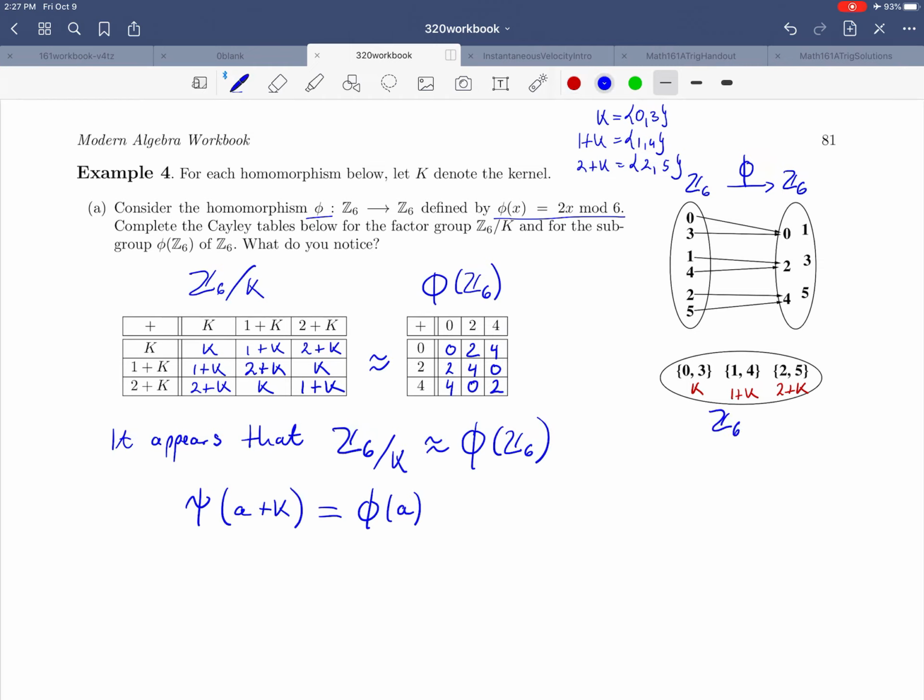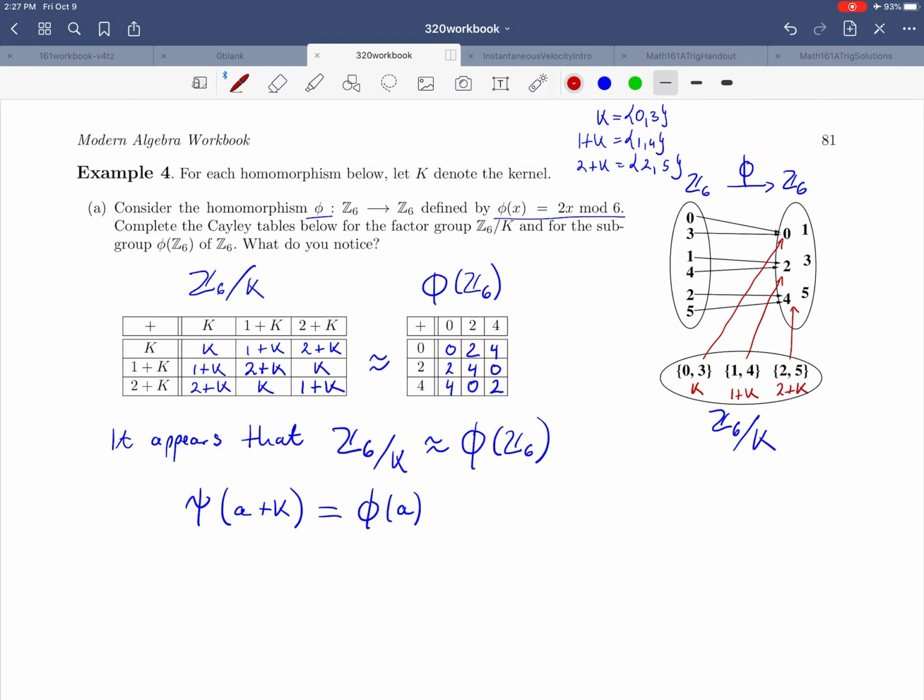This is our group Z6 mod K. Okay, so this new map that we just defined, the psi map that maps a plus K to phi of a, we can visualize with arrows going from each coset to the image under phi, where every element in the coset gets mapped.